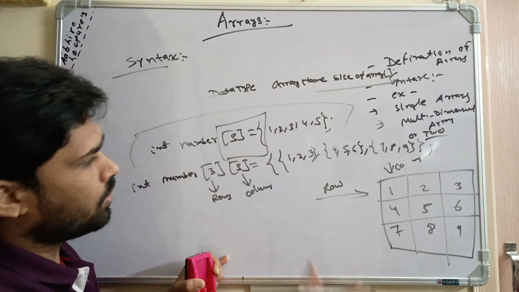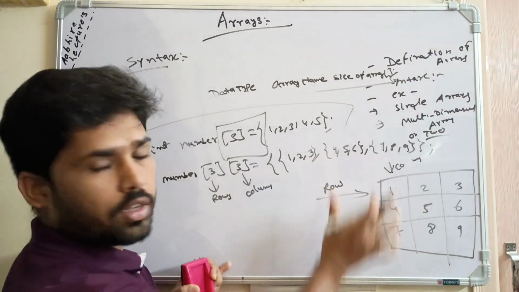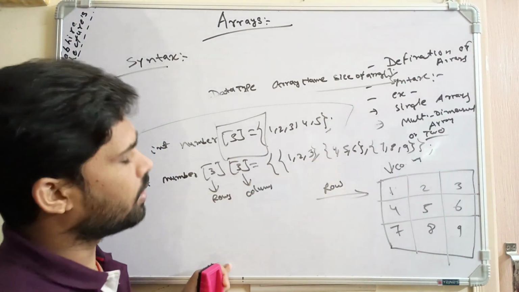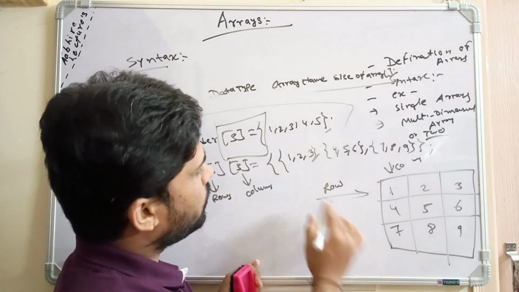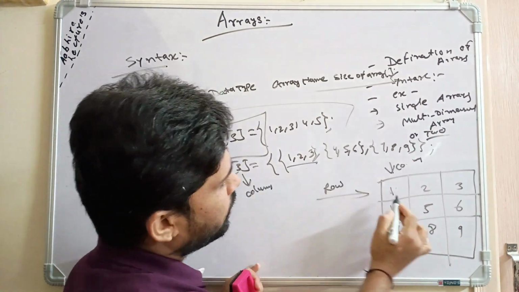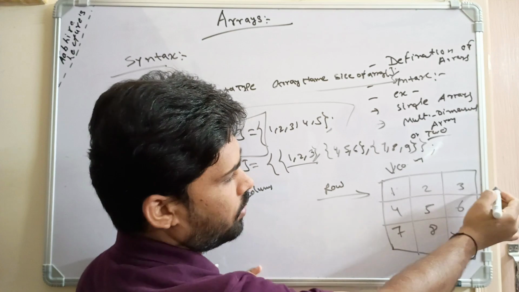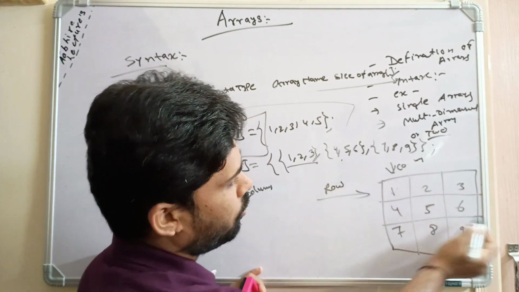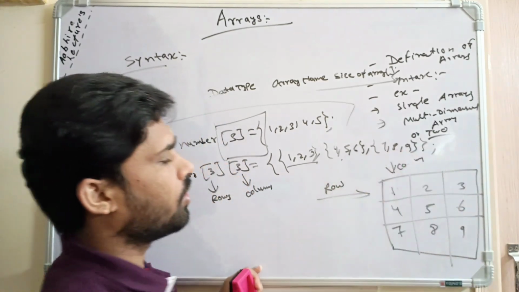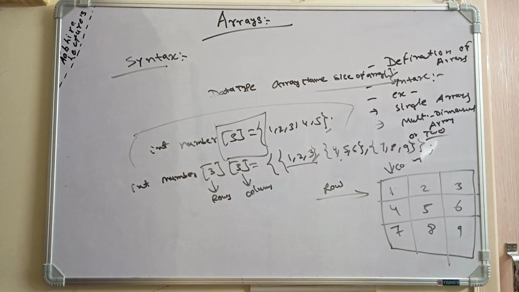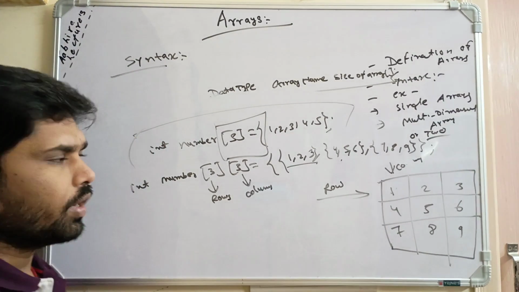So there are three rows and three columns we created. Here 1 2 3 is a row, 4 5 6, 7 8 9. Like that we can create a multi-dimensional or two-dimensional array.